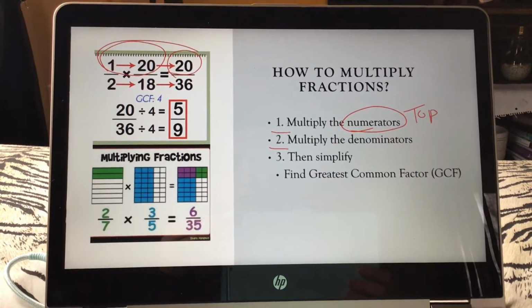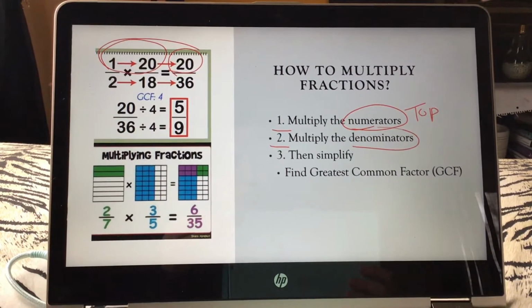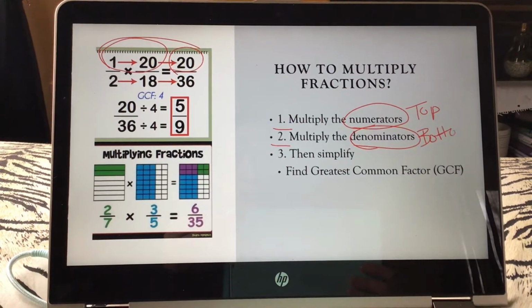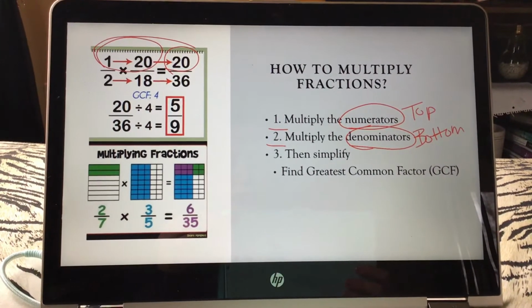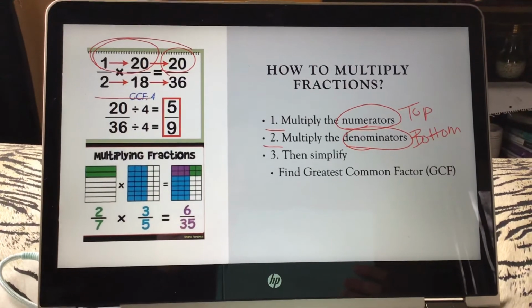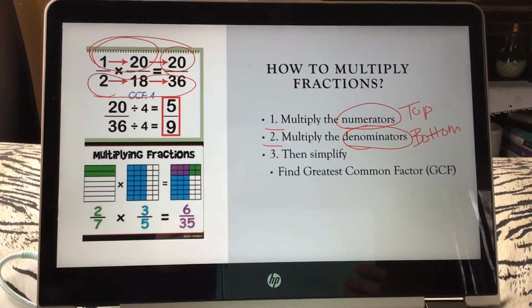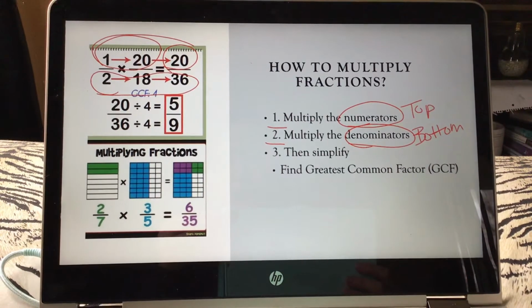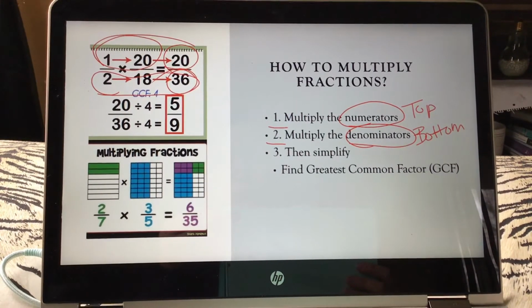Second, you multiply the denominators. The denominator is the bottom number in your fraction. They took the 2 in the 1/2, multiplied it by the 18 in the 20/18, and got 36.